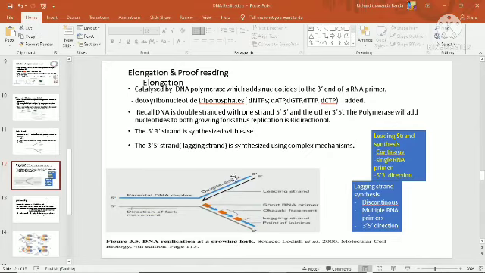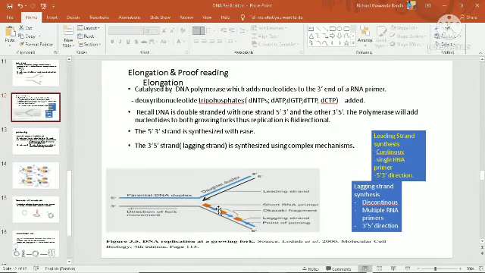And then you also have DNA polymerase 1 and 2. On the lagging strand, you have these RNA primers that have been made. Due to the twisting and all, you might have some spaces in between the fragments.